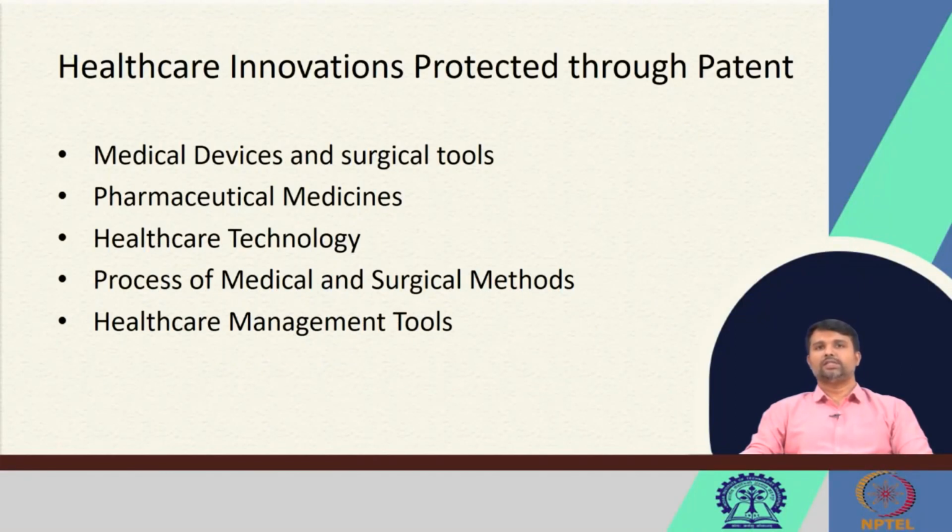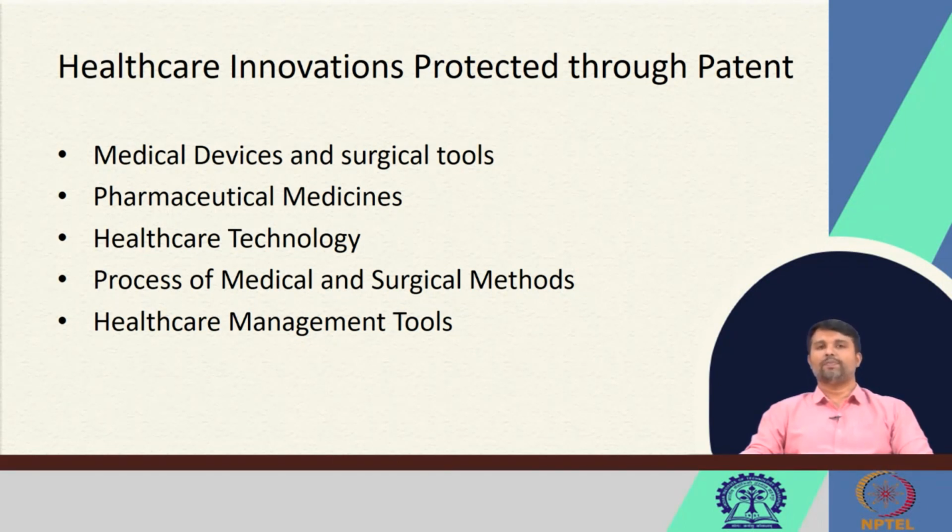Some common examples of healthcare innovations protected through patents are medical devices and surgical tools. There are a lot of medical devices and surgical tools which are in the form of a mechanical device or electronic device. They can be easily protected under the patent law. And then there could be drugs, the pharmaceutical medicines, which are a common example of patented products. Then there are other different kinds of technology which are used in the healthcare industry.